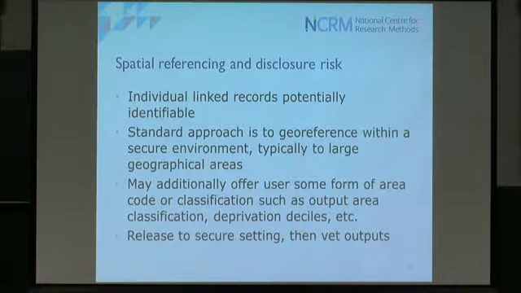So what we might do is we would just use large geographical areas which we're comfortable with, and then we might use some other area codes or classifications which we're comfortable with. The researcher works with those within the secure setting, and then any outputs, publications, tables are all cleared before being released.